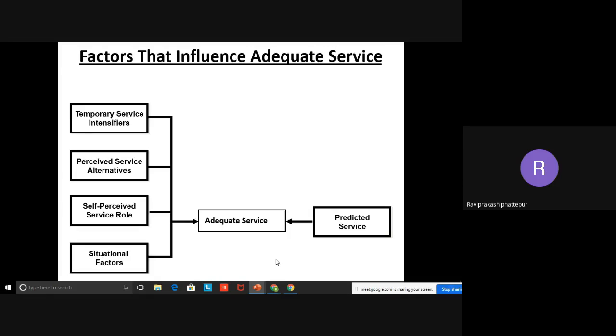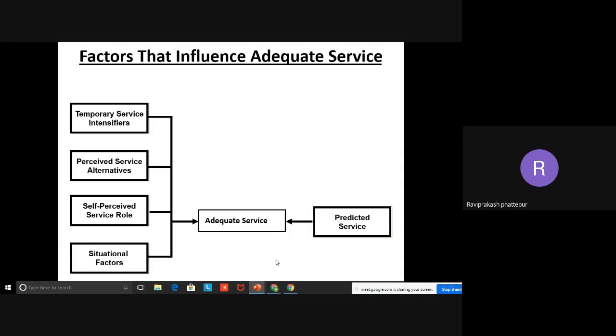That is your temporary service intensifier. Personal emergency situations in which service is urgently needed raise the level of adequate service expectations, particularly in terms of level of responsiveness required and considered acceptable.